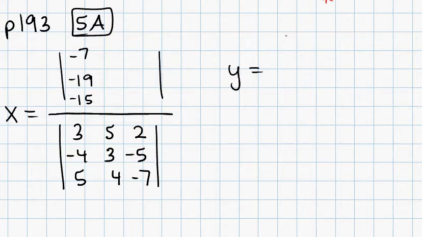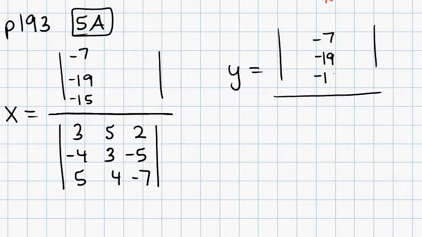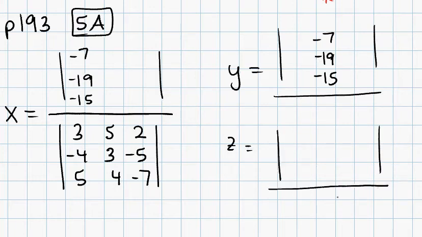And when we do y's numerator, we'll put that answer column in the middle because y's column is in the middle. And when we do z, we'll take that same column of numbers and put it on the far right.